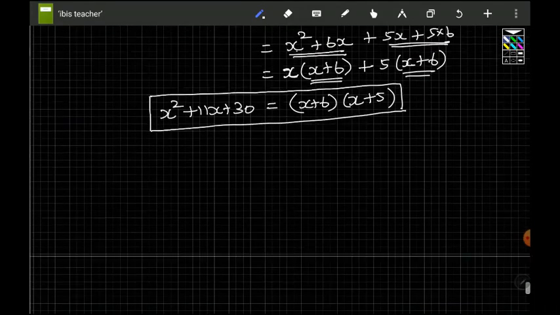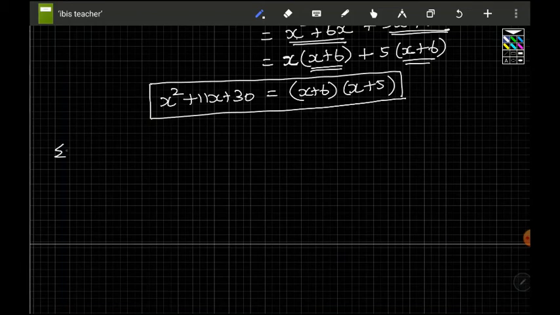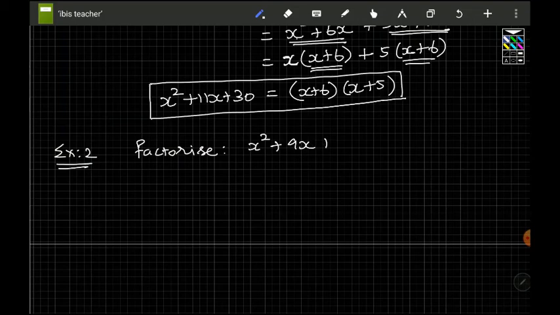One other simple question for our example 2: factorize x square plus 9x plus 18. Here the coefficient of x is 9, but 9 is nothing but p plus q.